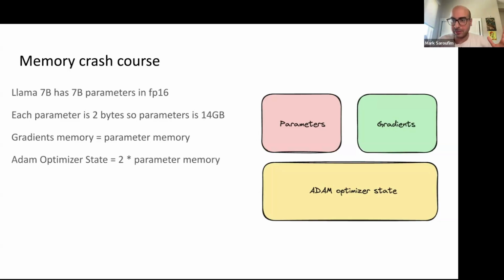The single most popular optimizer used in the world is Adam, and the amount of memory that Adam takes is twice the amount of parameters. So if your parameters are 14 gigs, Adam takes 28. If you sum all of these up, you get 14 plus 14 plus 28, which is 56 gigs, which is bigger than 40 gigs, so bigger than most GPUs that people have. This is what people would refer to as a full fine tune.